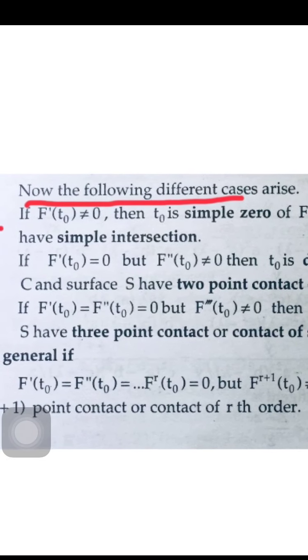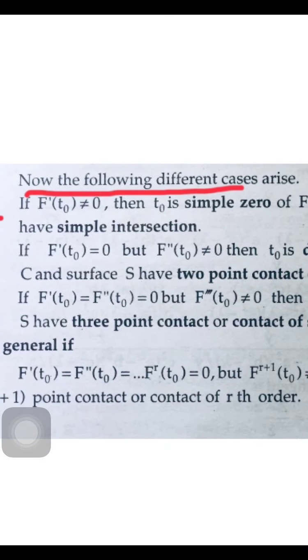How we get the order of contact from the last term, we will see in the next slide. This is important. There are many cases here.